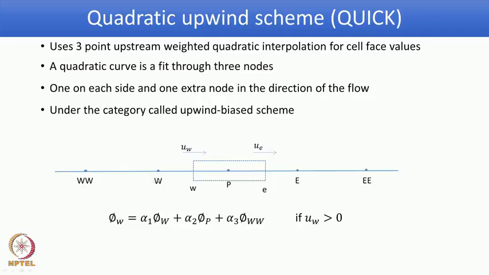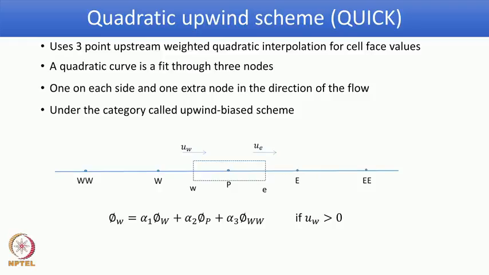So, we consider nodes WW, W and P, and we try to fit a quadratic curve to these 3 nodes with some weightage. That is what is shown in the expression here. Phi at the west face is alpha 1 times phi at W, alpha 2 times phi at P and alpha 3 times phi at WW, if the flow is from left to right, that is u w is greater than 0.